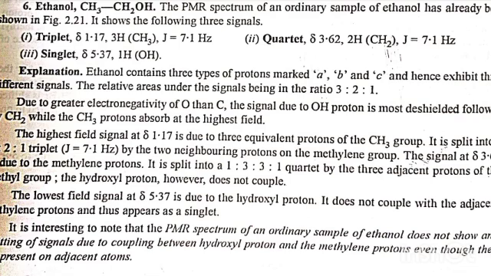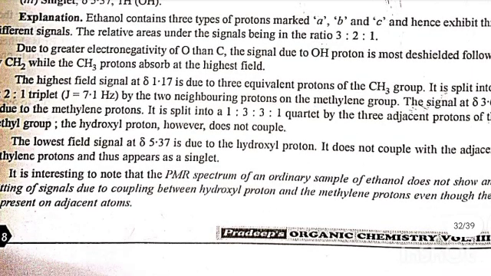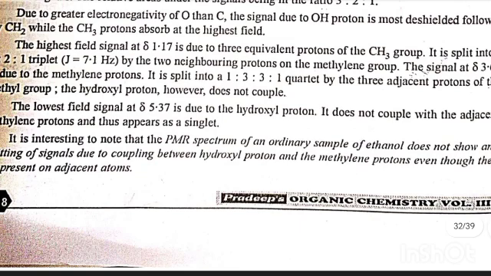Ethanol contains three types of protons marked A, B, C and hence exhibits three different signals, the relative areas under the signals being in the ratio 3:2:1. Due to greater electronegativity of oxygen than carbon, the signal due to the OH proton is most deshielded, followed by CH2, while the CH3 protons absorb at the highest field.